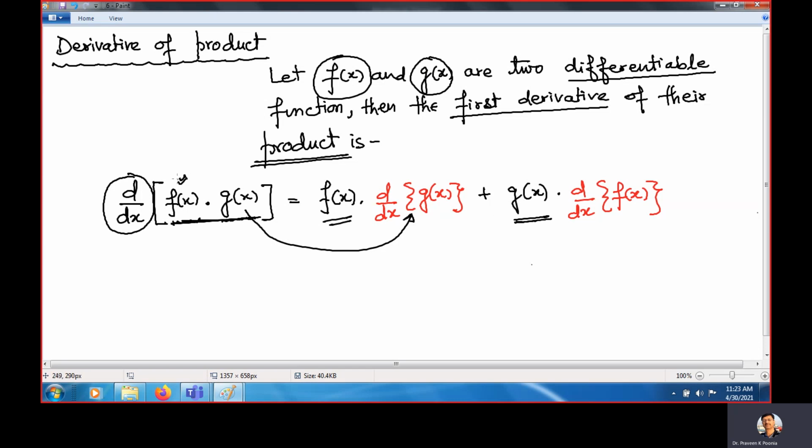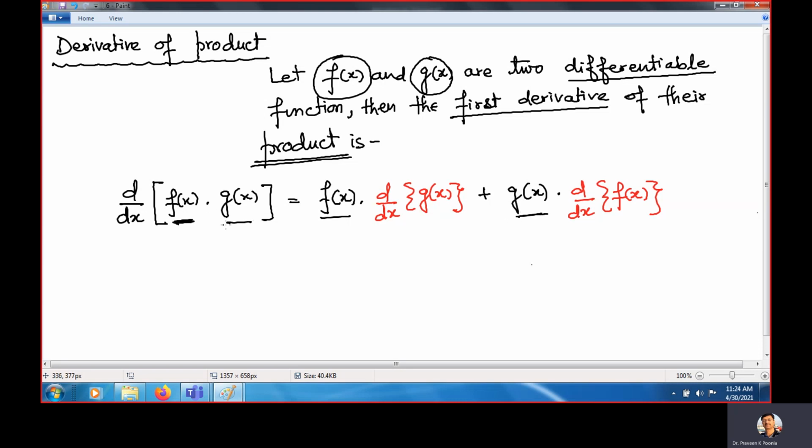One time you need to write this function the same and differentiate this one. Then another time you keep this one the same and differentiate the other. So one time one will be differentiated, another time another will be differentiated. This you need to remember. One time this same f(x), another time this same g(x).